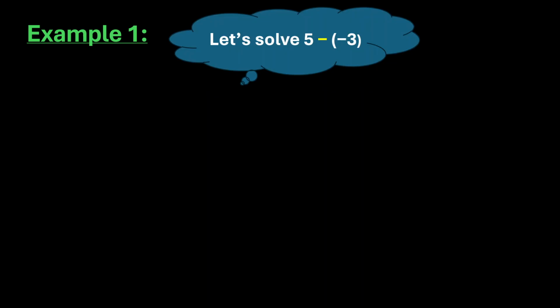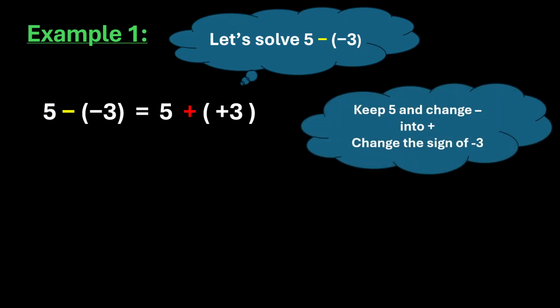For the first example, let's solve 5 minus minus 3. First thing is to keep the first number. The first number here is 5, and also change the subtraction to addition. And for minus 3, we change the sign to plus 3 because plus 3 is the opposite of minus 3. So this is the first step, second step, and the third step. Now to calculate the result, we have here 5 plus 3.